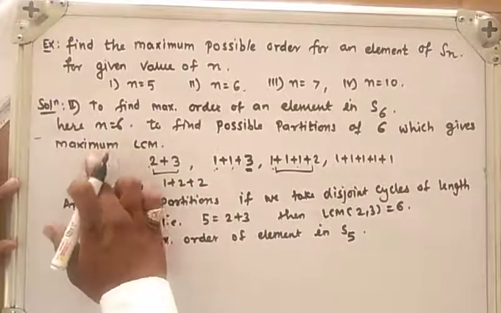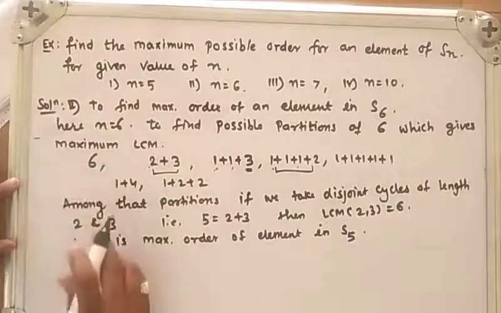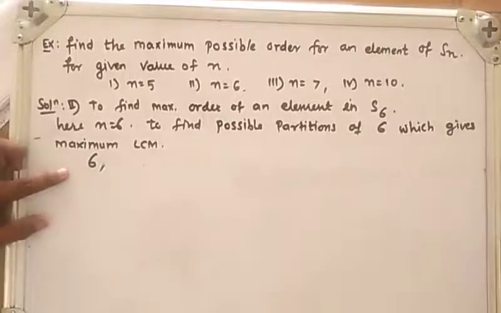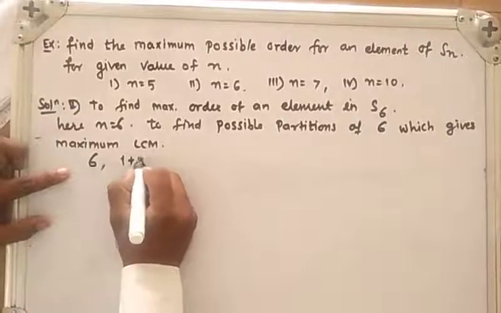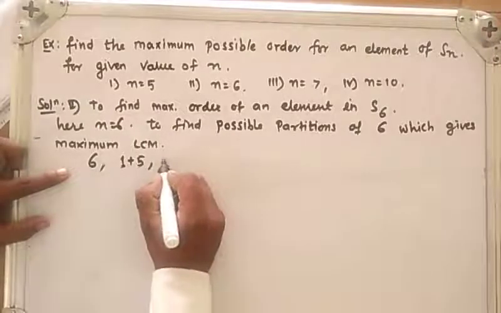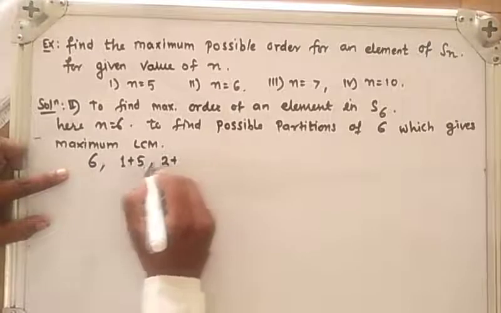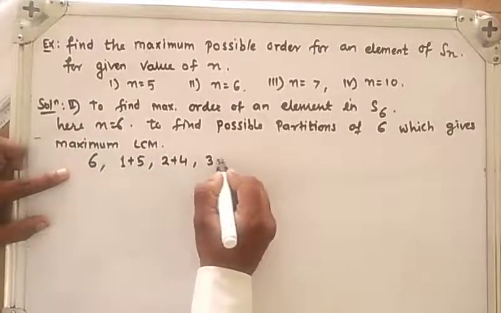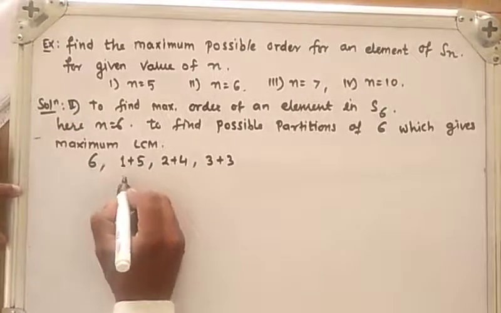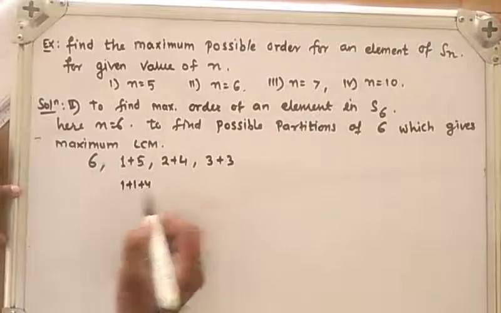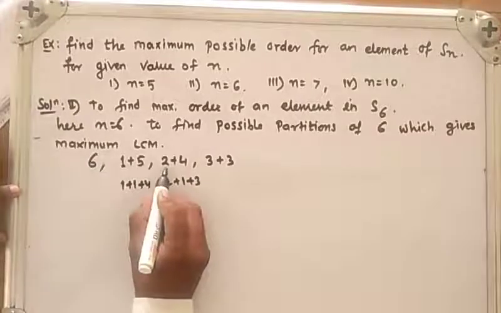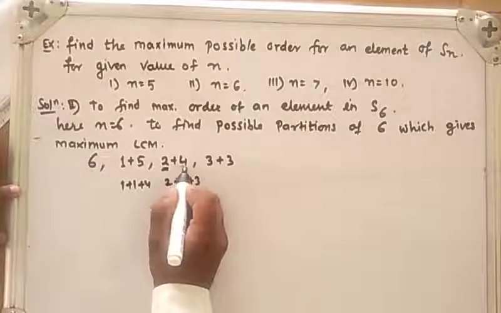So the possible orders: 6 can be written like this: 6, next 1 plus 5, next I increase the first number and decrease the second number, 2 plus 4, next 3 plus 3, next this can be written 1 plus 4, this can be written 2 plus 1 plus 3. So I put the first element as it is and partition the second.